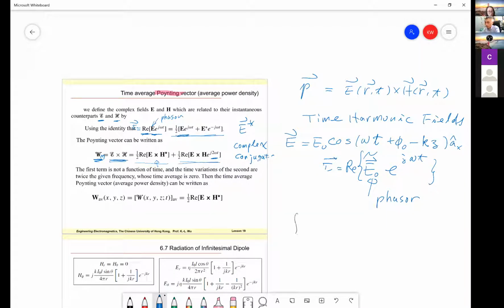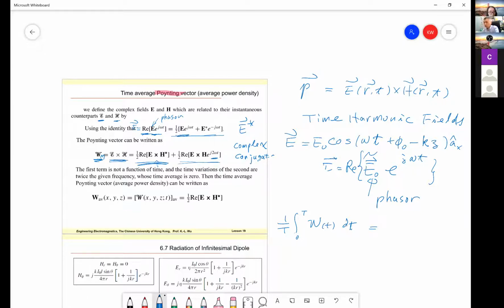So if we do the integration over a whole period, the total power, which is a function of time: the first term has nothing to do with time, right?